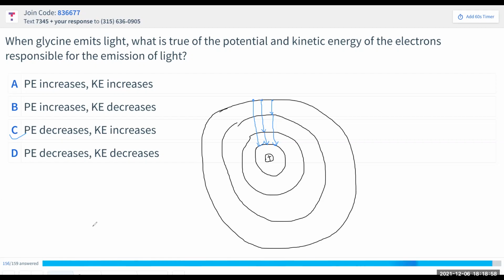Could you explain again why the potential energy decreases? So we're talking about electrons coming from a high energy level to a low energy level, far away from the nucleus to closer to the nucleus, right, Eva? The nucleus and the electrons attract each other. When we have the strongest interactions, we have the lowest potential energy. When we have the weakest interactions, we have the highest potential energy.